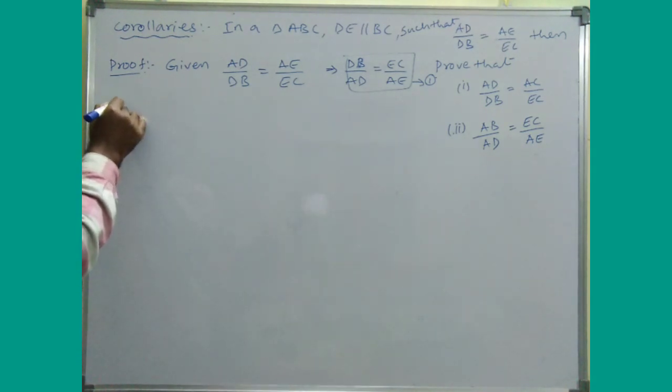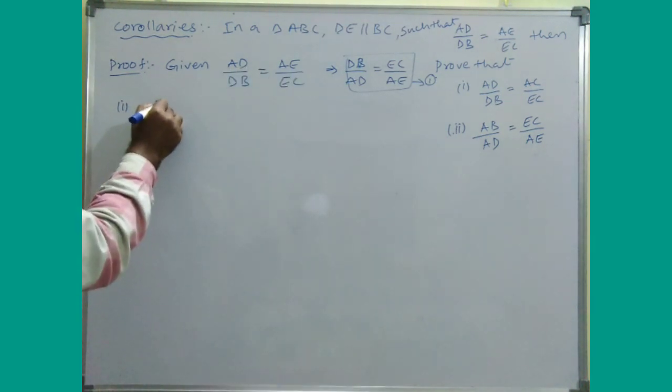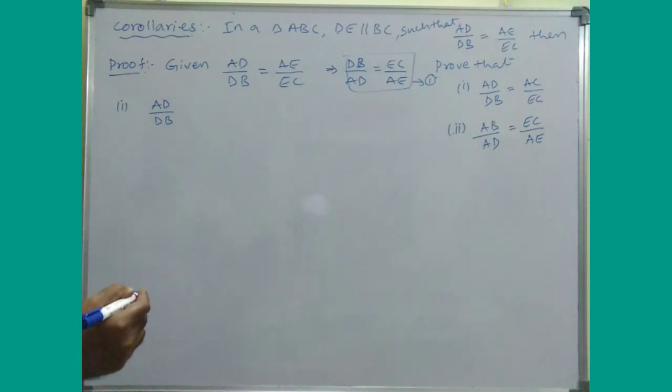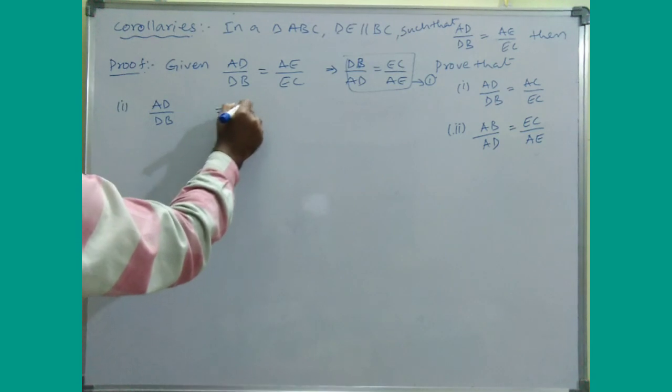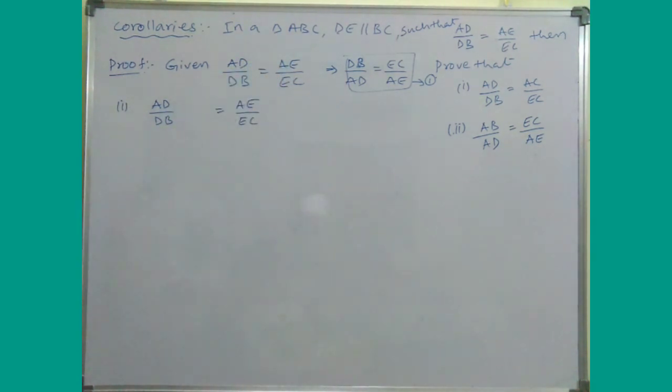So now to prove the first one, what is LHS? AD by DB. This is what we know, no? We know that AD by DB is equal to AE by EC.